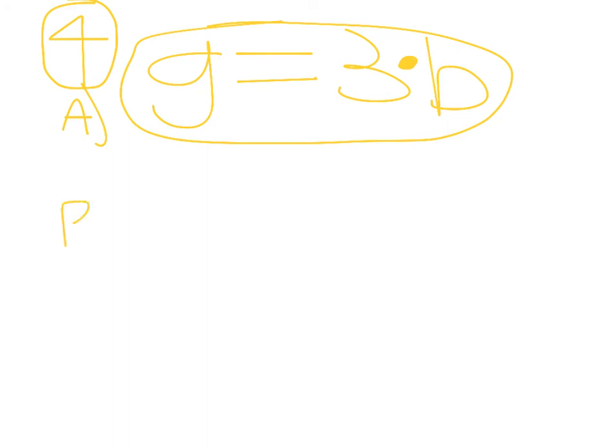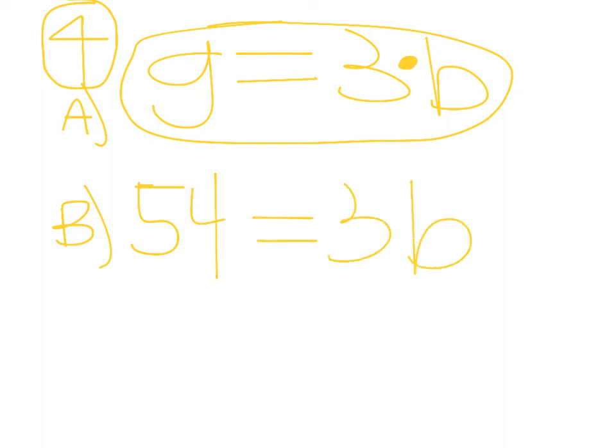And then for B, they want you to solve. It says how many bushels, B, are needed to make 54 gallons of cider. Well, 54 gallons of cider, 54 is talking about G. So you put 54 in for G, and then we're trying to figure out how many bushels we need to make 54 gallons. Well, something times 3 needs to equal 54.